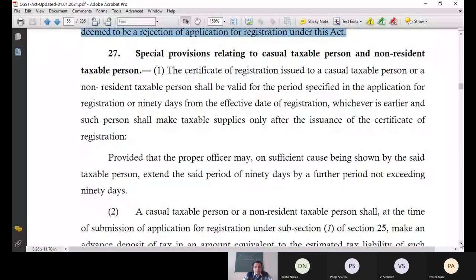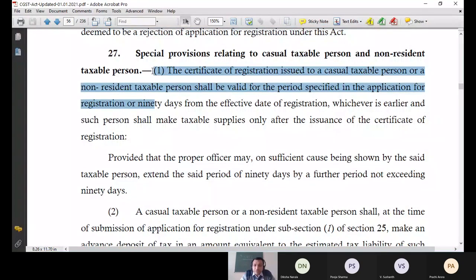If you remember, what I have discussed is with the help of this section, same thing. The certificate of registration, this is section 27 subsection 1, it's only for your knowledge, otherwise I have already discussed that. The certificate of registration issued to a casual taxable person or a non-resident taxable person shall be valid for the period specified in the application for registration or 90 days from the effective date of registration, which I raised earlier.